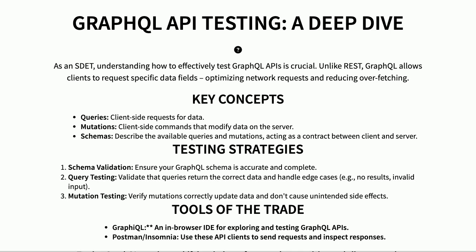When testing, you'll want to make sure your schema is accurate, test your queries to make sure they return the right things, and verify your mutations don't cause problems. Tools like GraphiQL are super helpful for exploring the API directly. Basically, think about data precision and giving clients control. That's what testing GraphQL is all about.